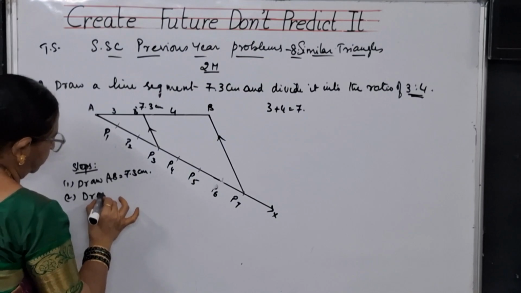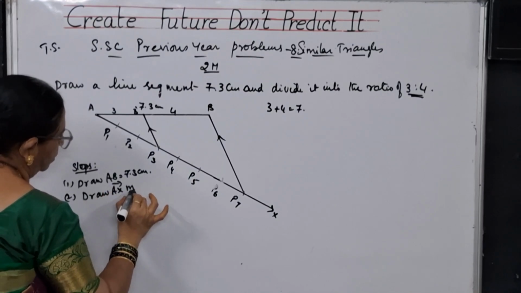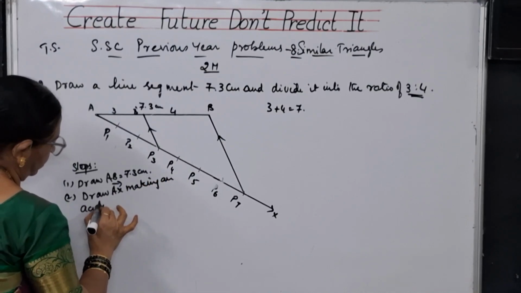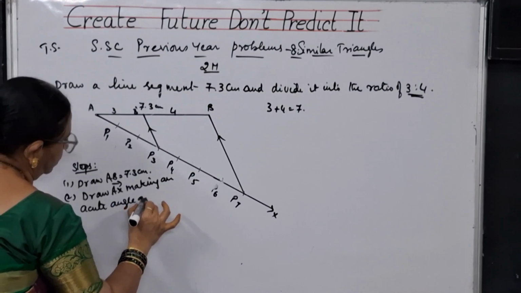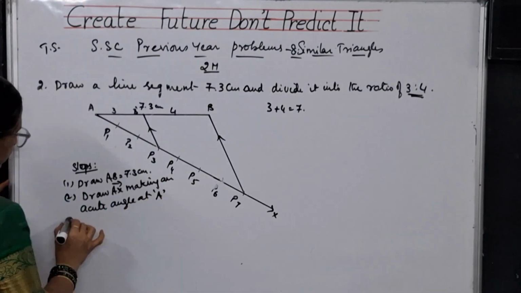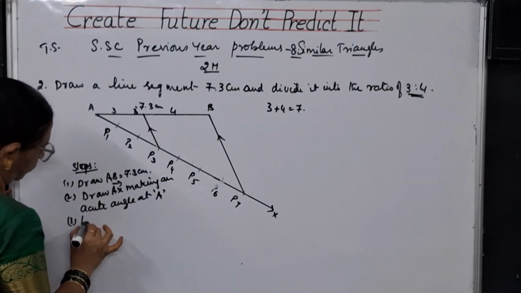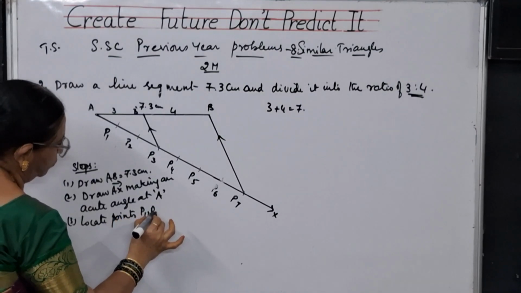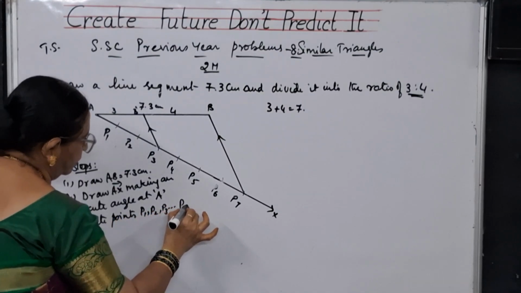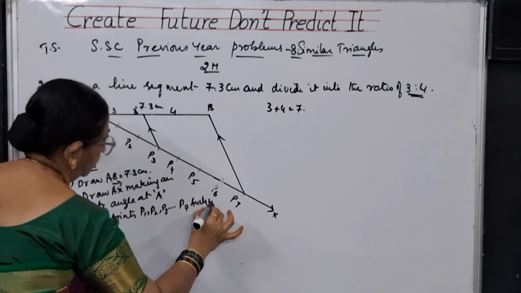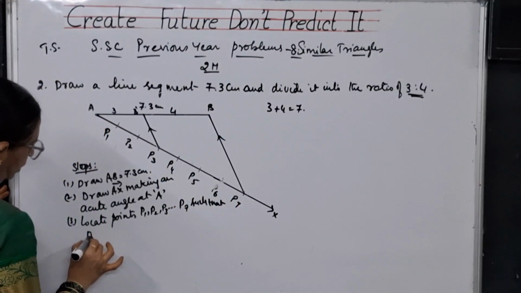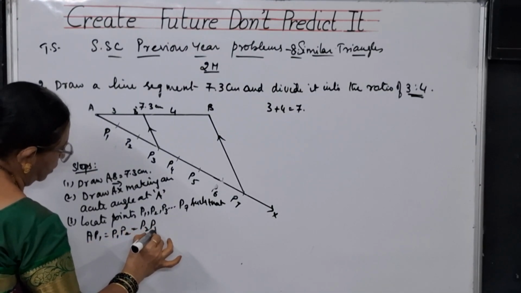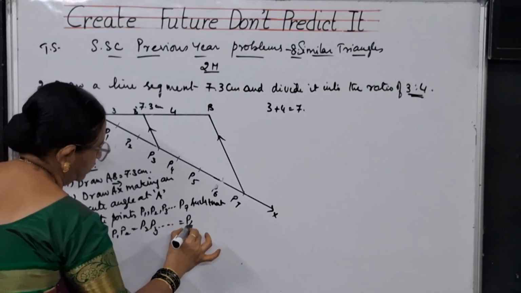Second point, draw AX ray making an acute angle at A. And third point, locate points P1, P2, P3, and so on up to P7 such that AP1 is equal to P1P2 is equal to P2P3, and so on, equal to P6P7.